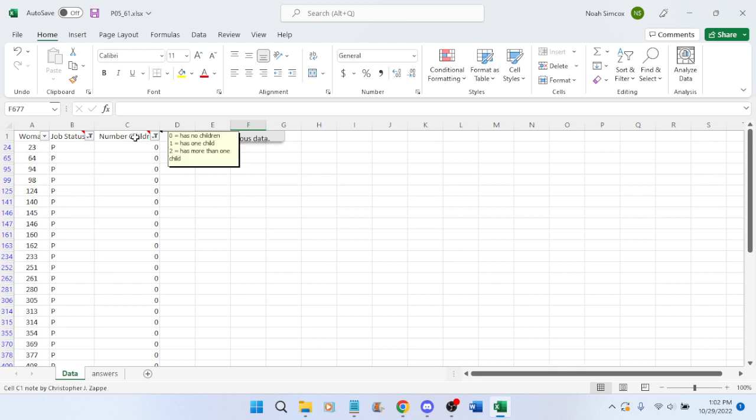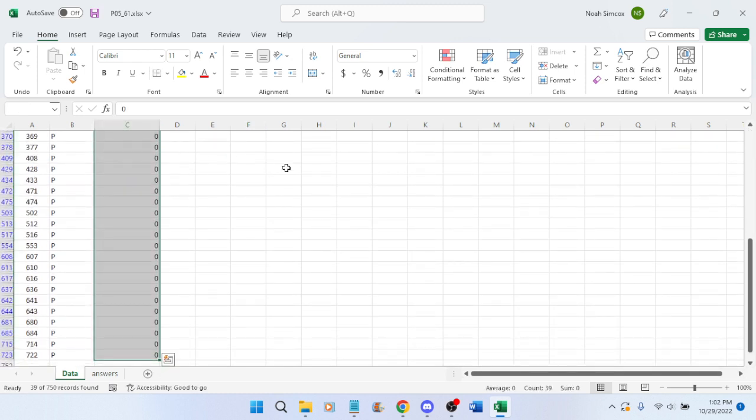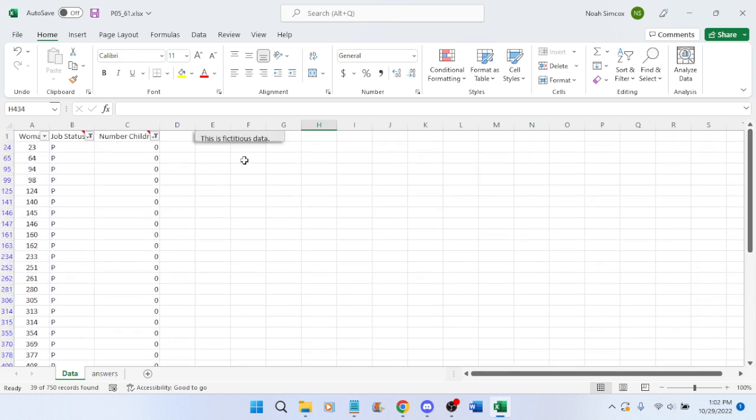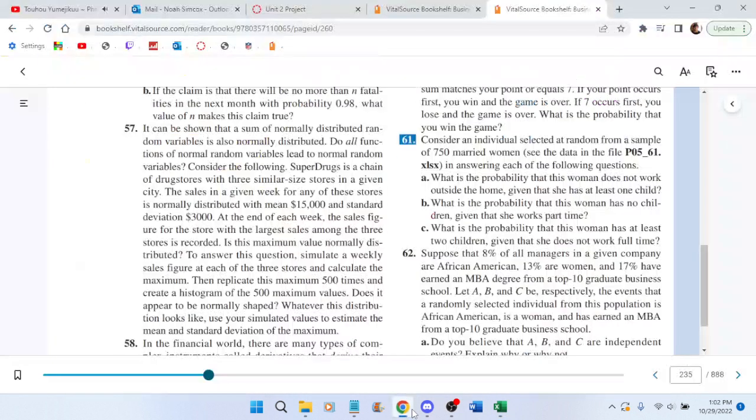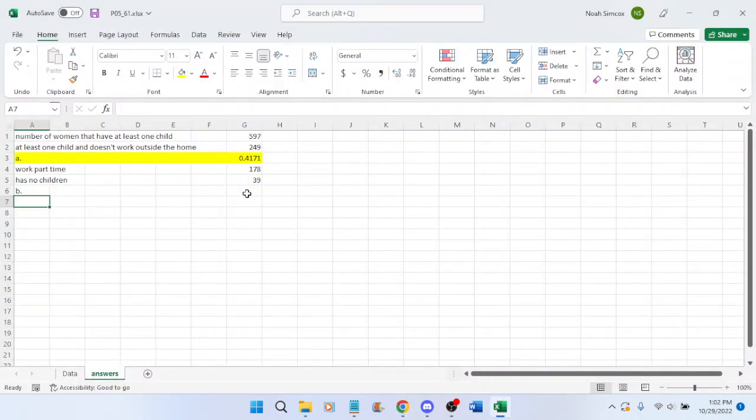Here, there's only 39, right? Just double checking again. Ah, geez. 39. There. So, therefore, the answer to B is equal to this divided by this. There we go.